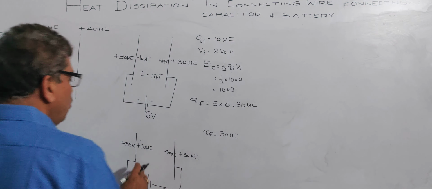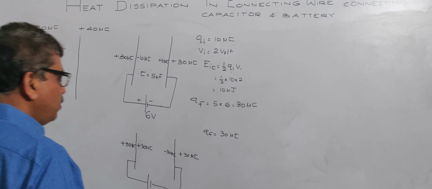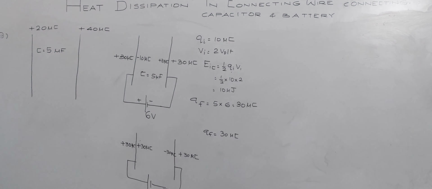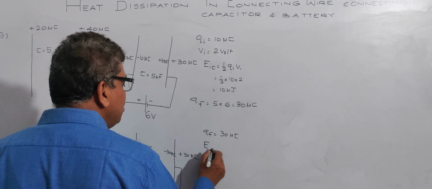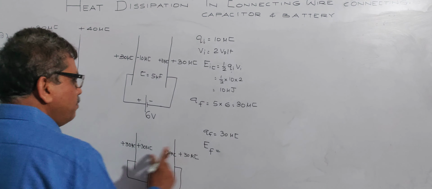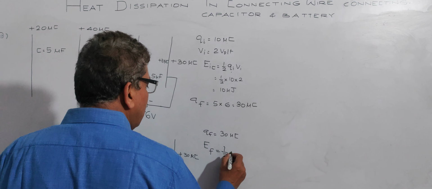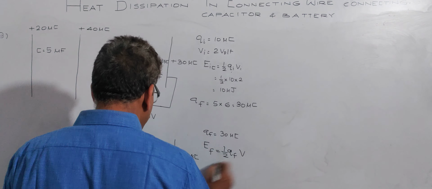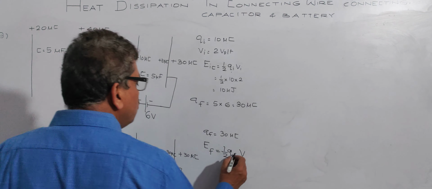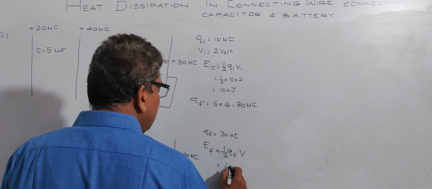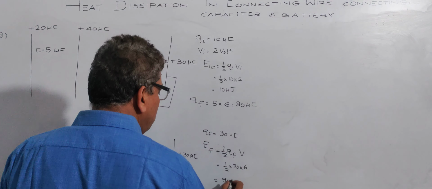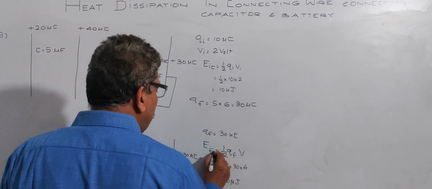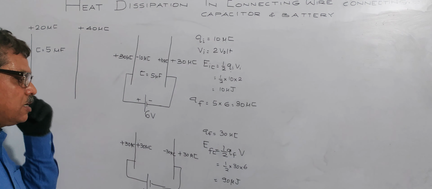Now what amount of energy is stored in the final stage? The final energy stored in the capacitor is half times Qf times V, that is 6 volt. So half Qf is 30 and V is 6, so 90 microjoule. 90 microjoule is the final potential energy stored.